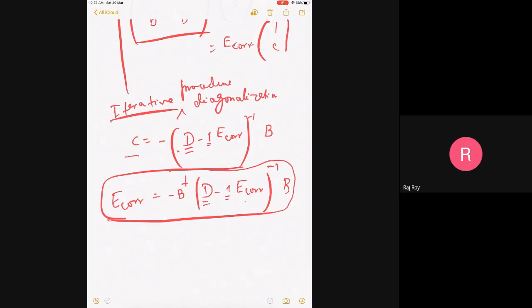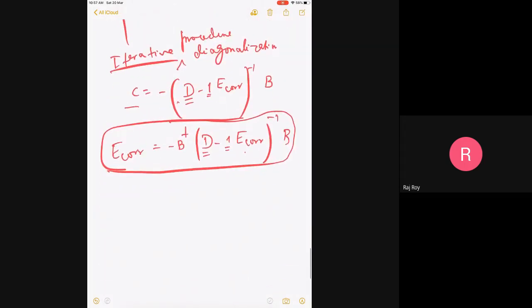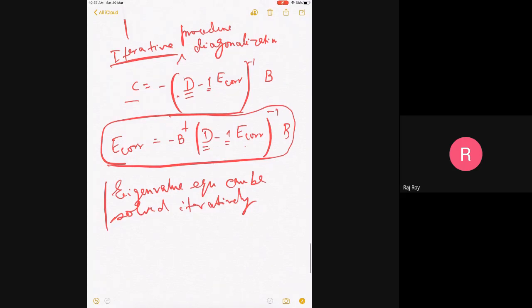Finally, I get E correlation, which will be also my eigenvalue equation. So a very important message is that an eigenvalue equation can be solved iteratively.